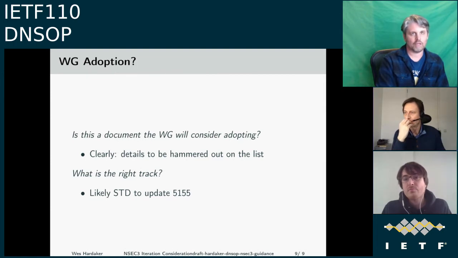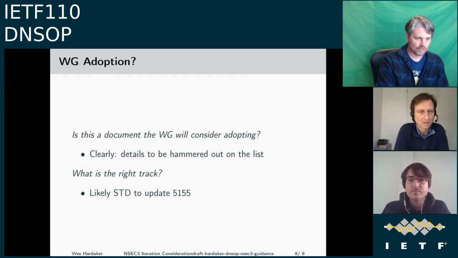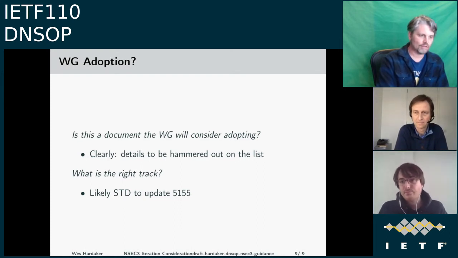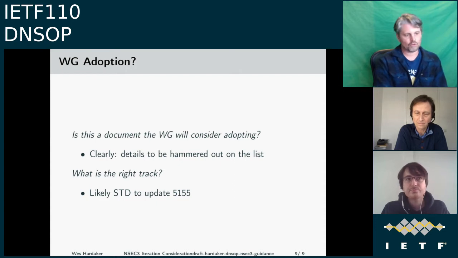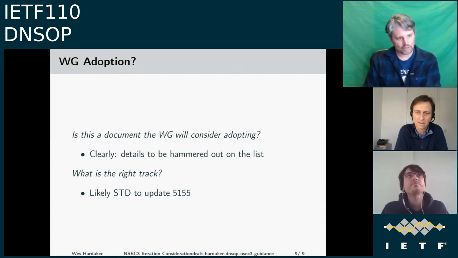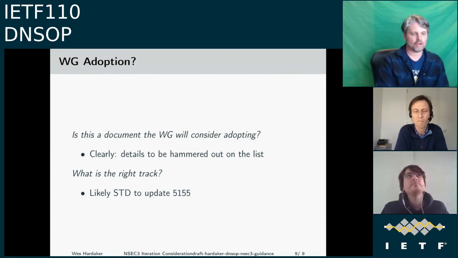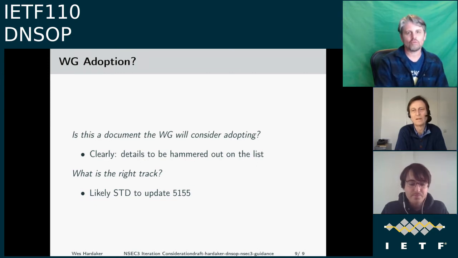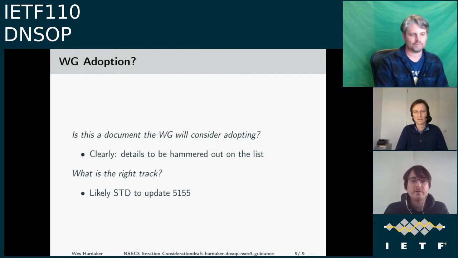Let's say you have a name called login.example.com, and it doesn't exist today, and you've calculated the value with the salt that was in use. If the salt changes, then you have to recalculate that entire hash for the next zone you're waiting to see it appear in. So there is some benefit to it if you're going to rotate it. If you're not going to rotate it, then it really doesn't help you. Got it.